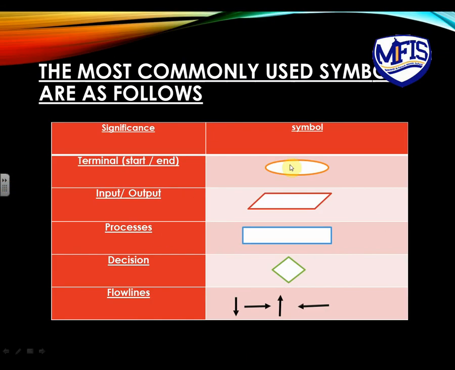We use an oval shape to represent start and end, a parallelogram to represent input and output, a rectangle to represent process, a rhombus to represent decision, and finally flow lines to show us the order of steps.